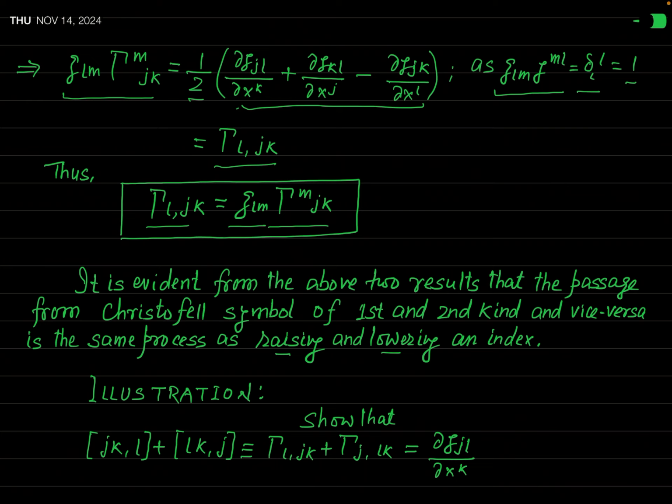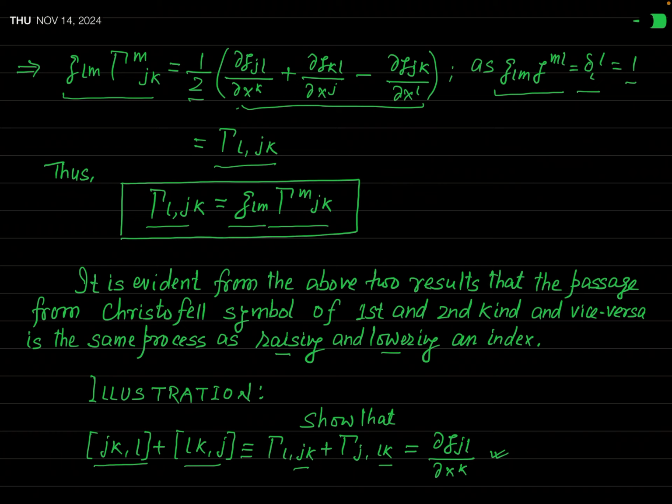Now we will illustrate this definition by a proper example, and this is a very important example for your examination purpose. So see this problem. Here we have to show that the sum of the Christoffel symbols of first kind, JK comma L plus LK comma J, or you can say gamma L comma JK plus gamma J comma LK, is equal to this much, the partial derivative del g_JL by del x^K.